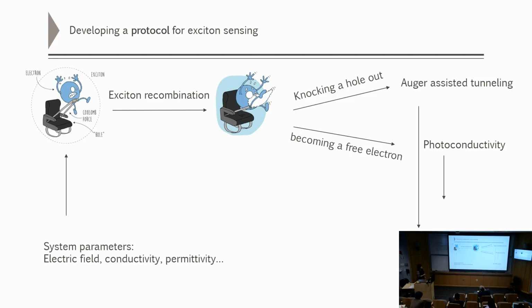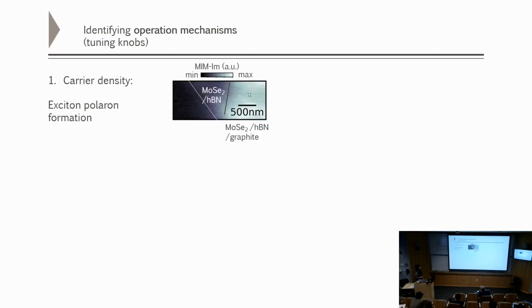But because excitons are very sensitive to the local electrical parameters, like electric fields, conductivity, and permittivity, and so on, because it's a Coulomb interaction and can be affected by the environment, we can use the MIM signal as a medium to sense those parameters. To give a couple examples, when we change carrier density, the excitons start to strongly interact with the Fermi sea.